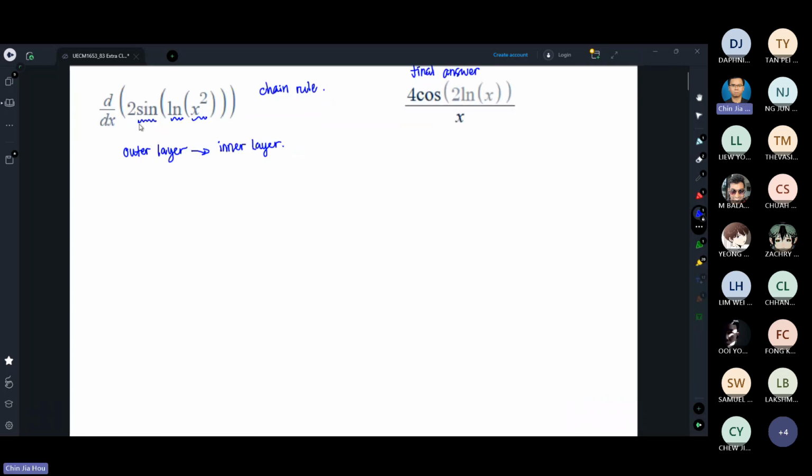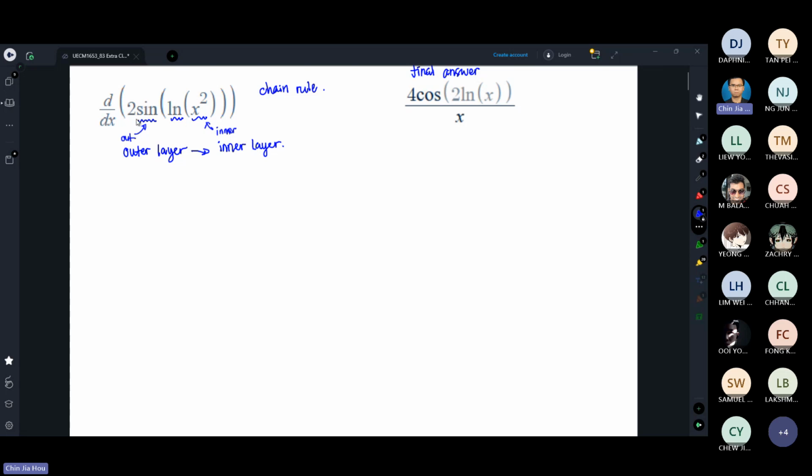Where is the outer layer? This is the outer layer. This is the inner layer. So we start from the outer layer.